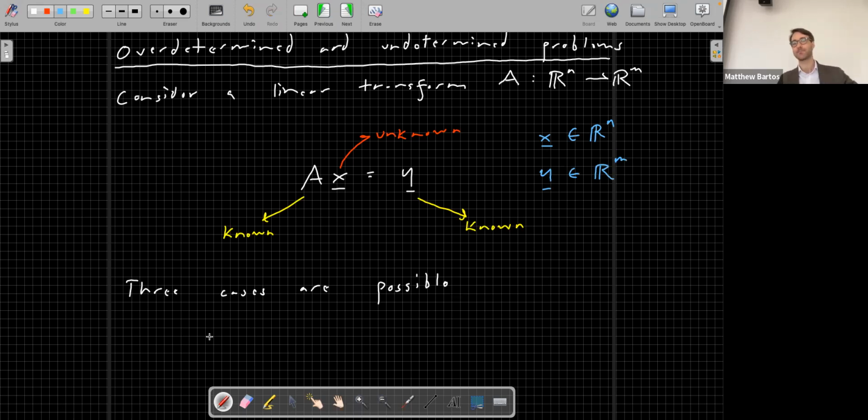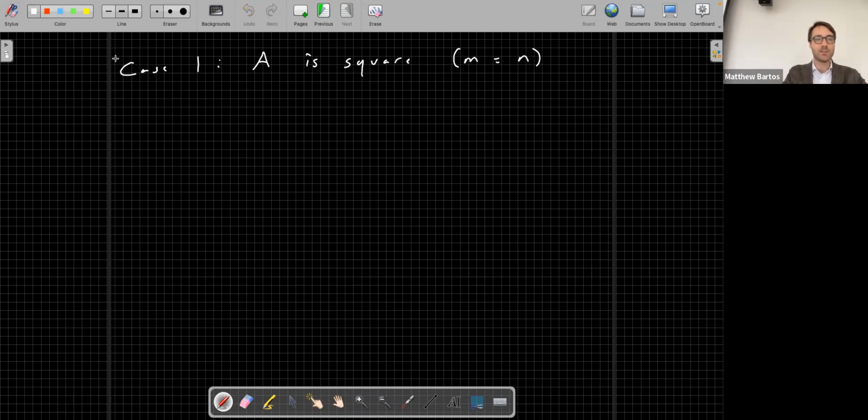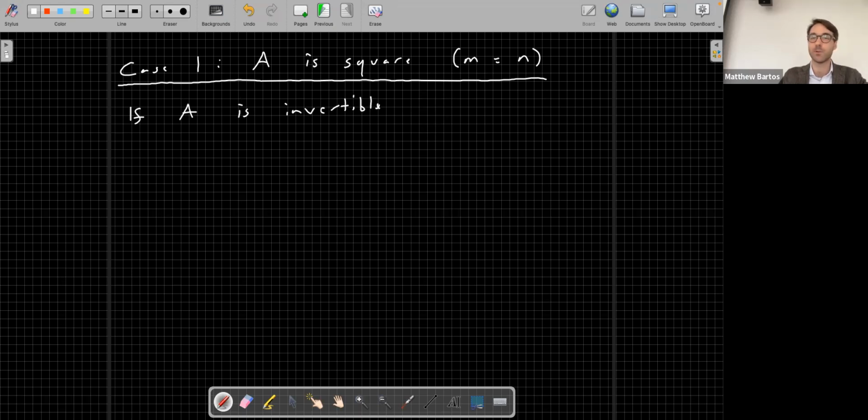So the first case is the case where A is square. This is the nice case, because if A is invertible, or in other words, if it's full rank, then we can find our solution x explicitly.